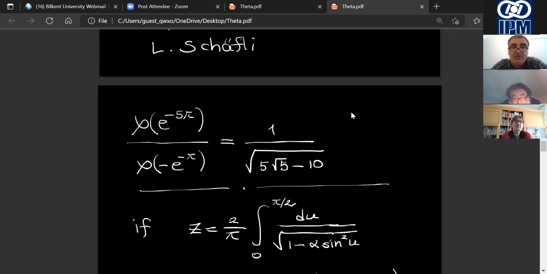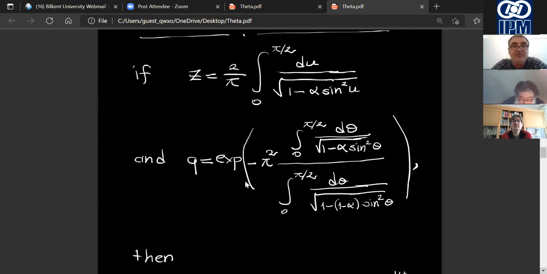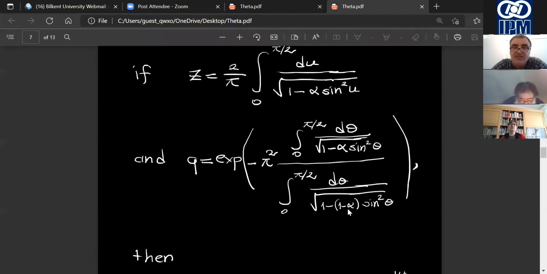Now, the elliptic integrals here are defined this way. If we define z to be the elliptic integral of the second kind, and if we define q to be the ratios of these elliptic integrals, alpha and minus alpha are called the modulus, and 1 minus alpha is called, I forgot what it's called.